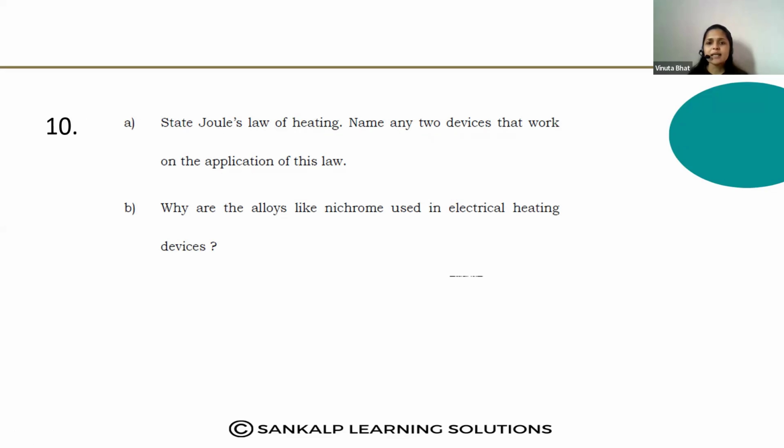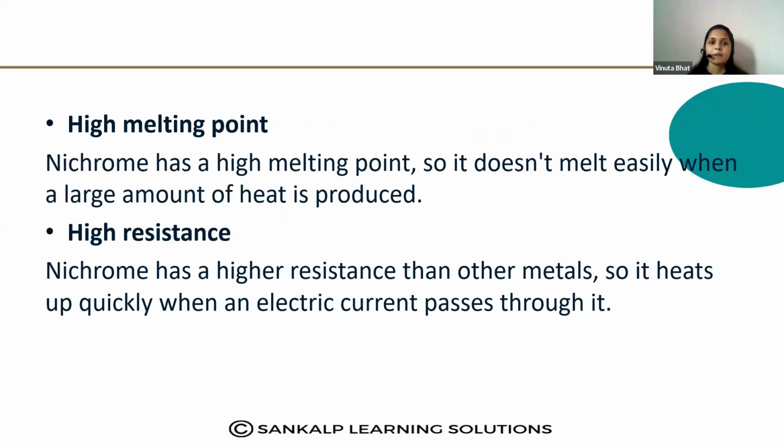Then, why are alloys like nichrome used in the electrical heating devices? Nichrome has a high melting point, so it doesn't melt easily when a large amount of heat is produced.